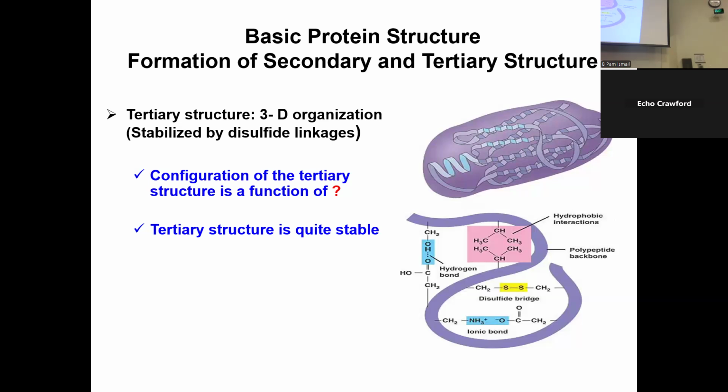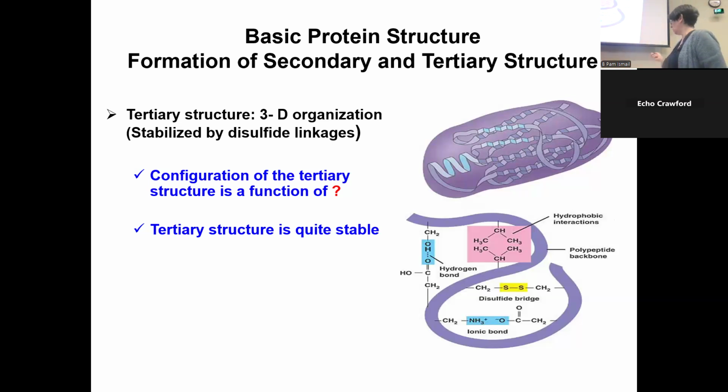All right, so when we form the secondary structure, the next level is stabilization through the formation of tertiary structure, because we still have a lot of free energy going around. So the proteins continue folding and forming bonds. It could be hydrogen bonds, not necessarily only in the alpha helix and beta sheet, but outside of that.